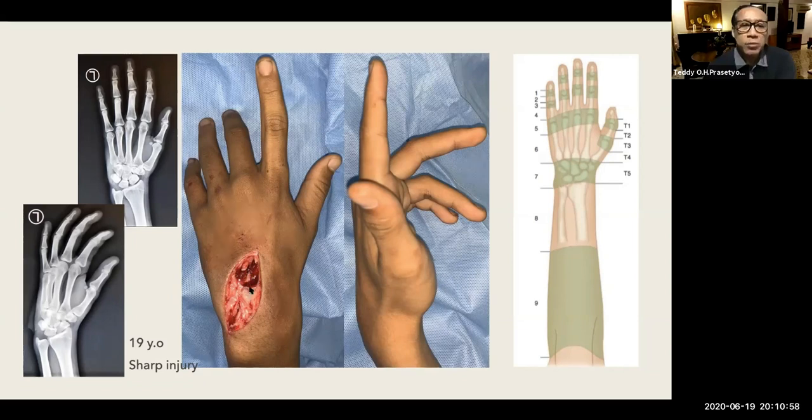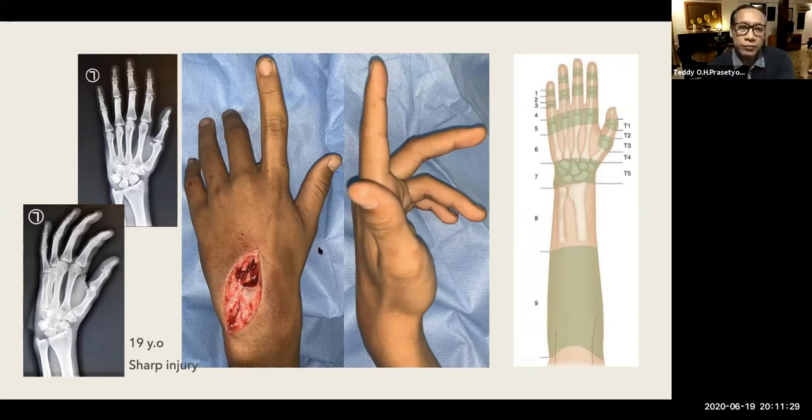When we ask the patient to extend the digits, you could see very obviously that the three ulnar digits, including the central digit, are not able to extend. The extension comes only from the index and the thumb. So it's obvious that this area involves the extensor tendon for the three digits here.